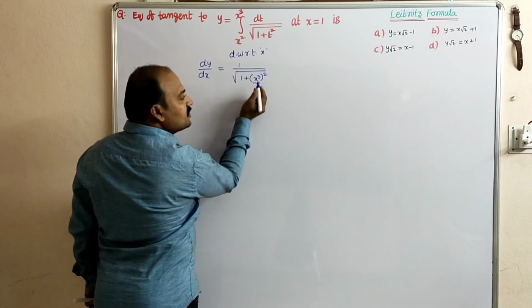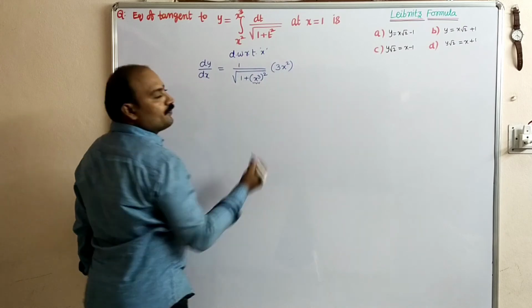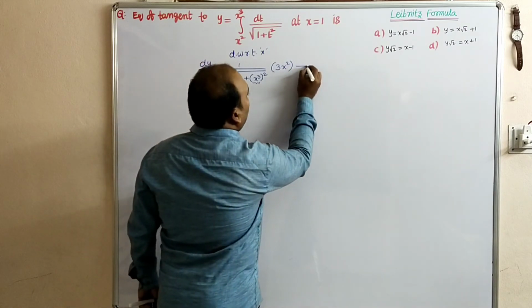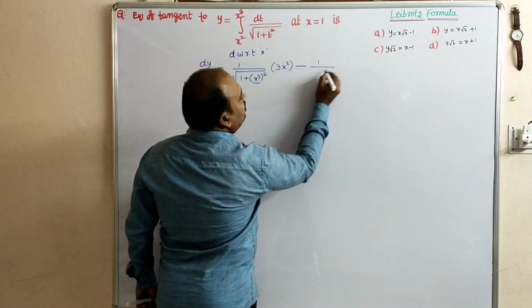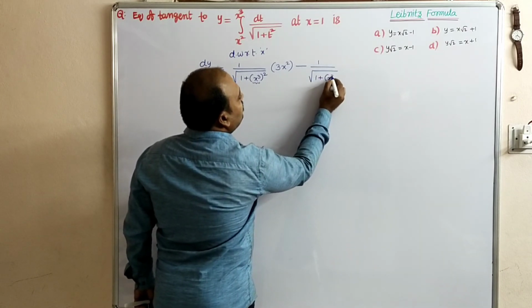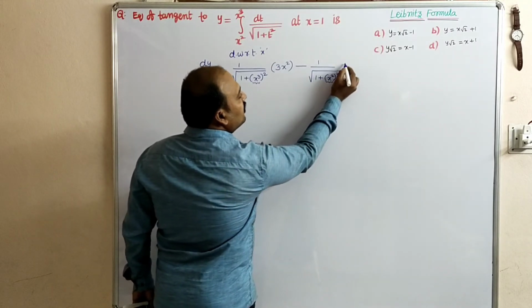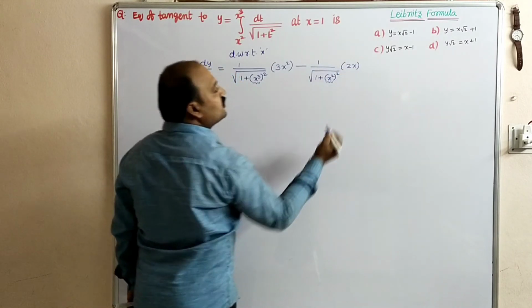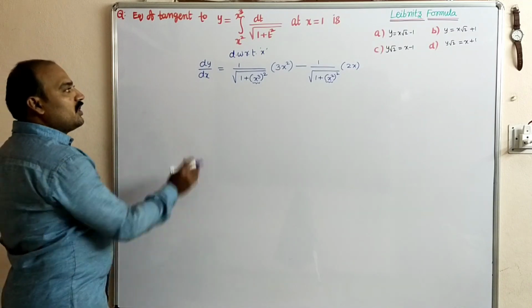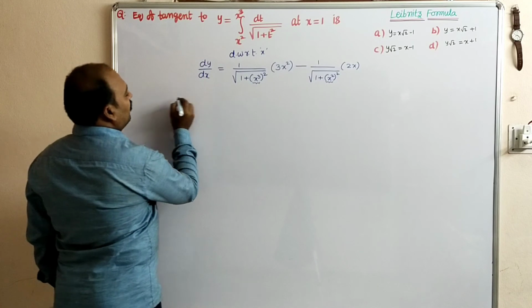Again, x cube differentiation you have to write: d by dx of x cube is 3x square, minus the lower limit, 1 by square root of 1 plus, in place of t, (x square) whole square. Again this x square differentiation, d by dx of x square is 2x. So dy by dx we got it, that means the slope of the curve.